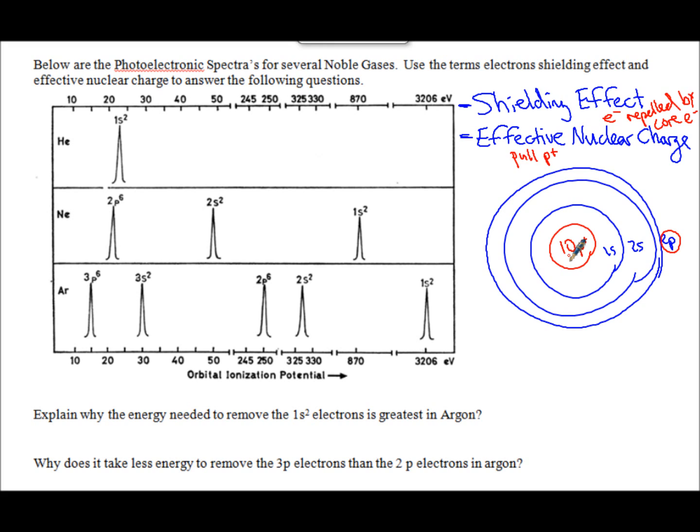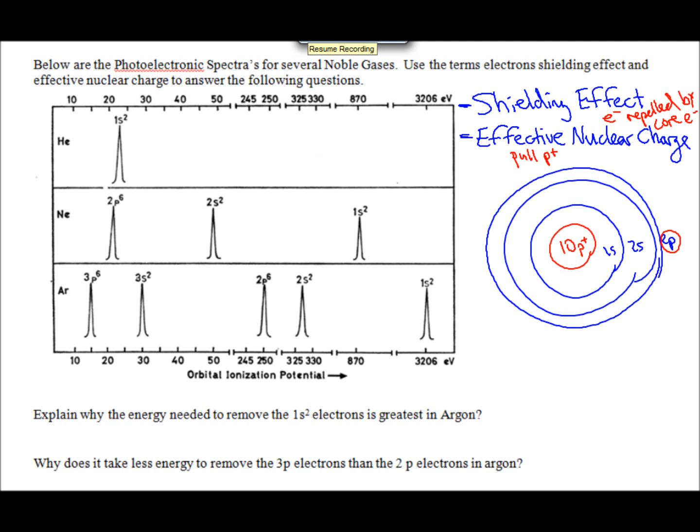So let's walk through those 2 terms in reference to all of this data we're seeing here. We have 3 elements: argon, neon, and helium, who have all been run through PES. What that means is they've taken one of these elements, they bombarded it with high energy photons, X-rays, gamma rays, and in doing so, these electrons have been stripped off. If they put in higher energy photons, they might get higher energy electrons to pop off.